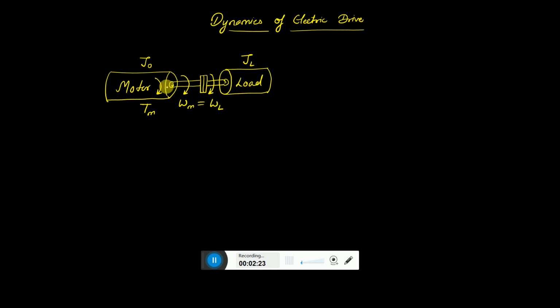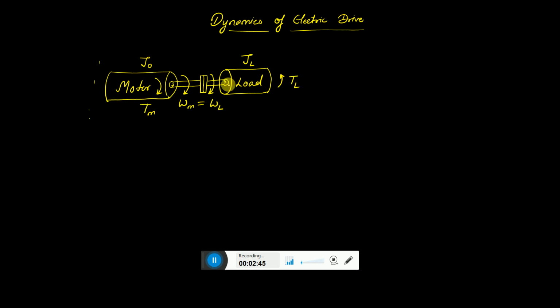The load torque is obviously opposite to the electromagnetic torque, so the load will give a torque in the opposite direction, that is TL.